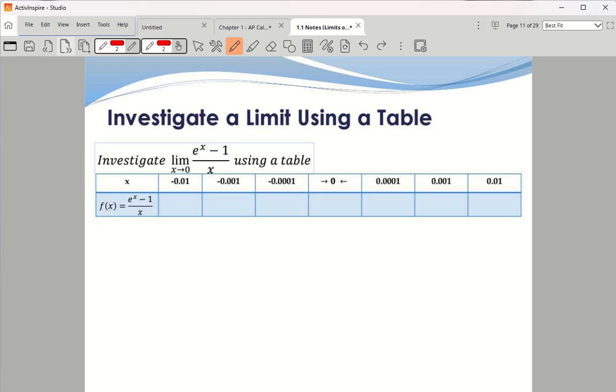Now, on this one right here, can I plug in 0 directly? No. Why can I not plug in 0 directly? Wait, which one is this? I was on 9. Oh, this is 11. Yes, no, why no? It would be undefined.